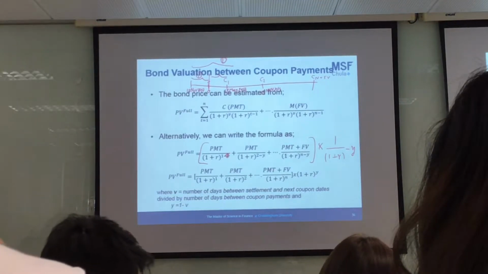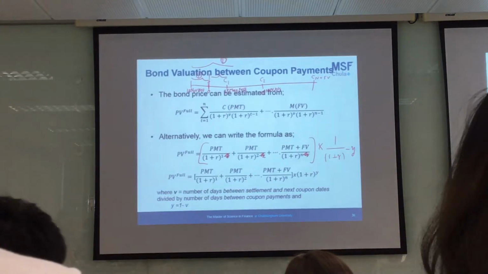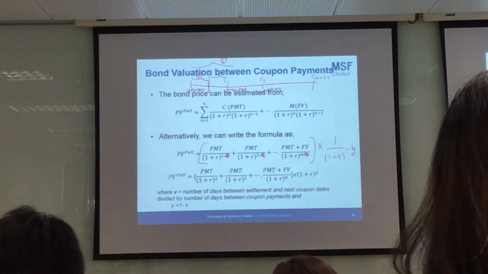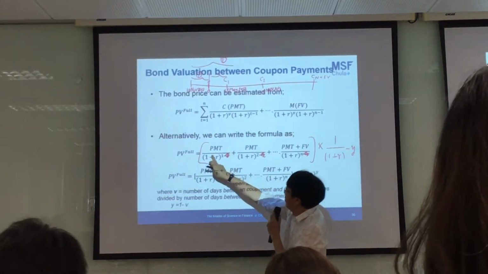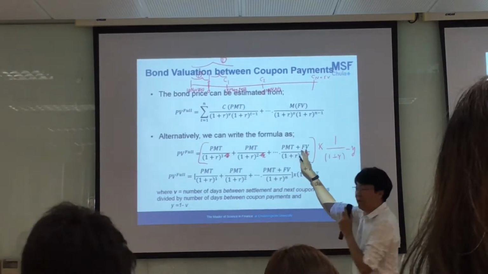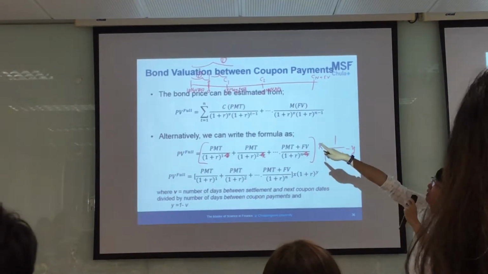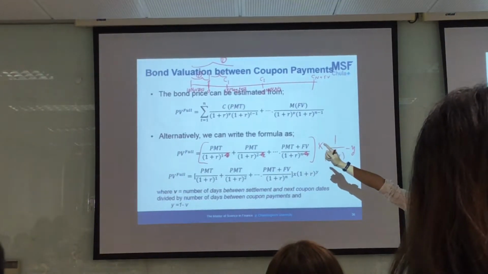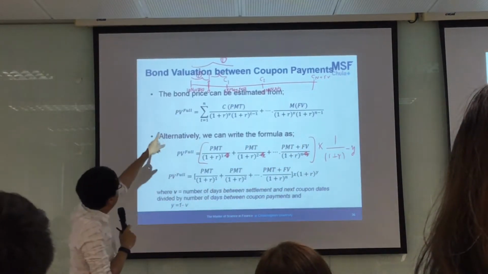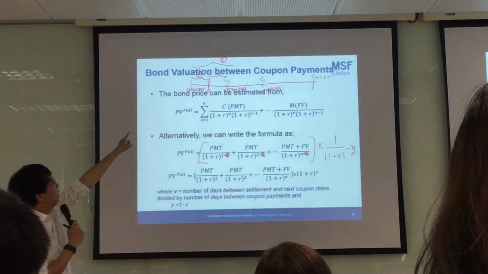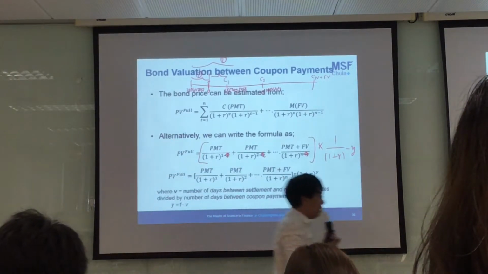You take 1 plus R to the power of minus Y out. In the bracket you have 1 plus R1, 1 plus R2, 1 plus R3 until 1 plus Rn. So in the bracket here, it's like you price the bond at time 15th November 2017.